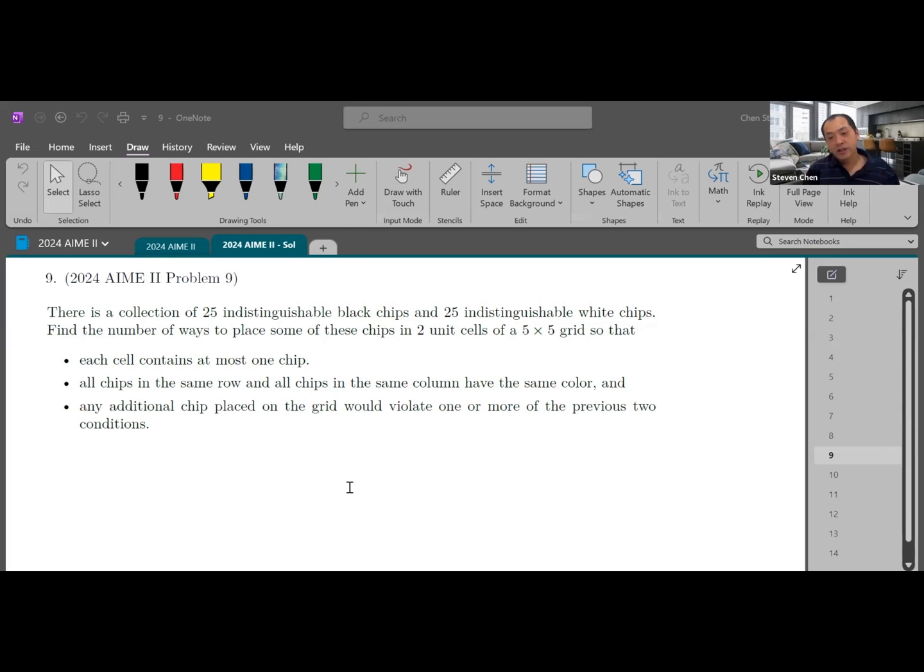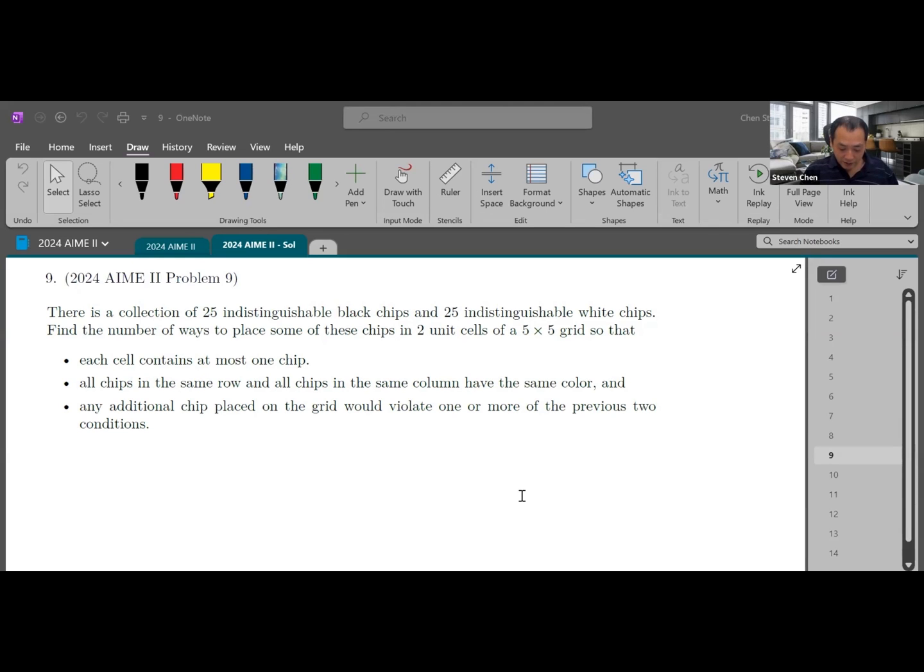Say for the current grid, we only put 1 chip in the grid, and the other 24 cells are empty. Say the 1 chip that we placed in the grid is white. It doesn't violate the first 2 conditions, and we can keep on putting more white chips on the board, and that still makes all conditions hold, right? So basically, that is what the third condition tries to say.